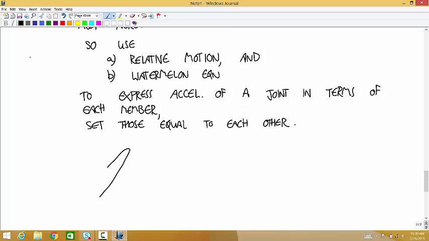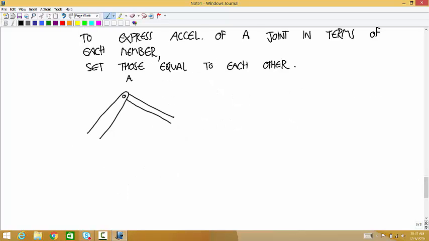So if you have a joint A, let's say it's a pin joint that connects these two members, okay? You can calculate the acceleration of A according to this member. So say this is member 1 and this is member 2.